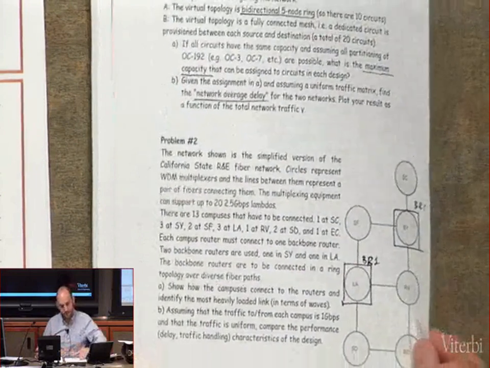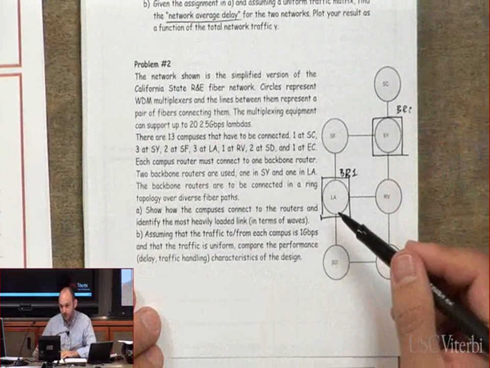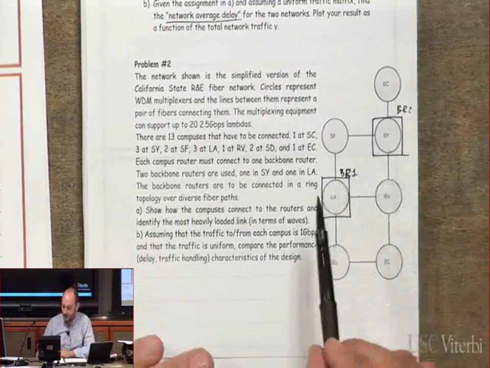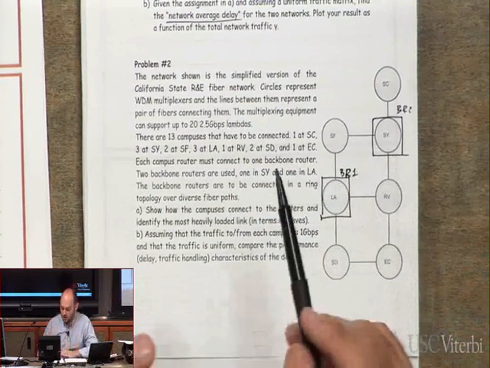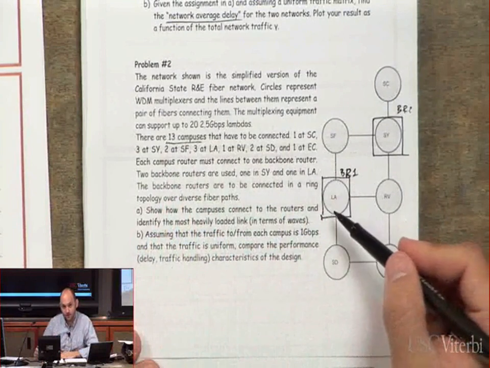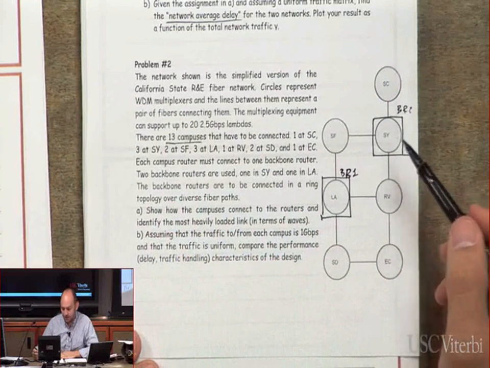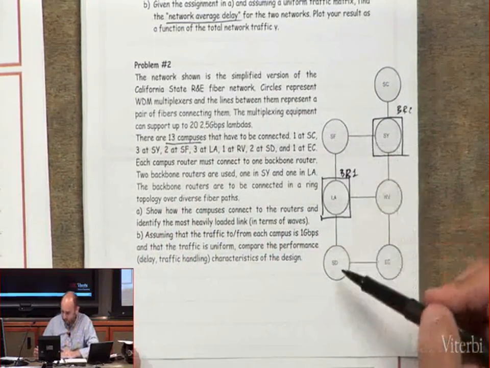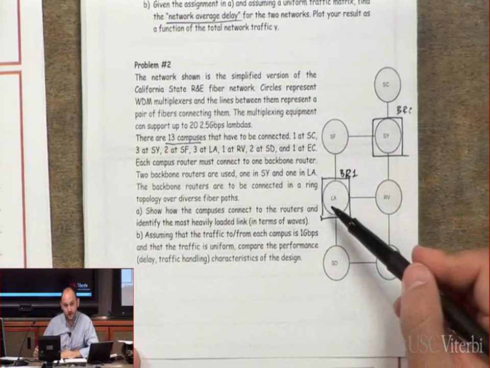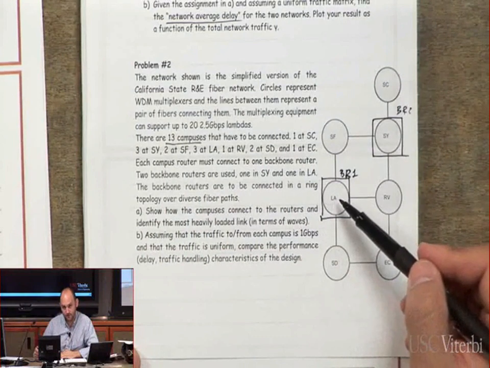How should we work in this case? We have, how many networks can we attach to LA? First of all, we have 13 campuses in total, and we want to connect some of them to one router and some of them to the northern router. The logical thing is to connect this guy and this guy's networks, campuses, to this backbone router.